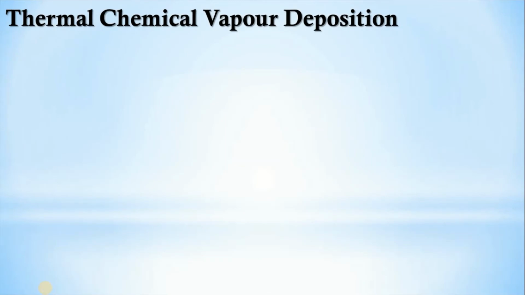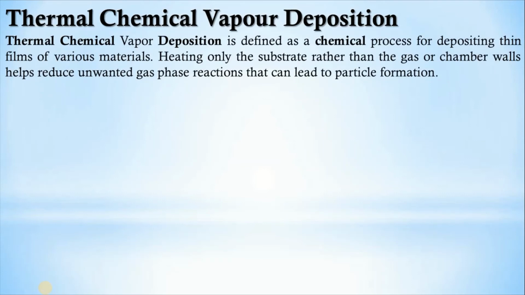Then the last one is thermal chemical vapor deposition. In the thermal CVD process, temperatures are as high as 2000 degrees Celsius and it is needed to deposit the compounds. This is a chemical process for depositing thin films of various materials. Heating only the substrate rather than the gas or chamber walls helps to reduce unwanted gas phase reactions that can lead to particle formation.